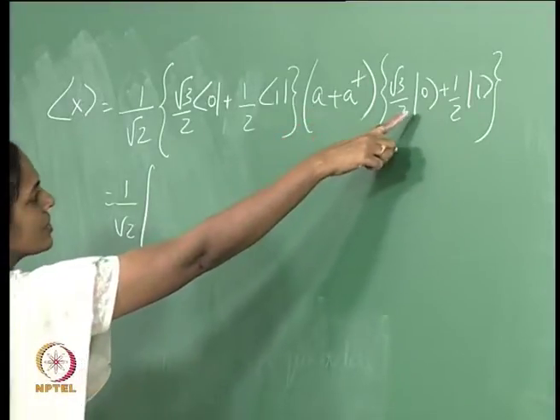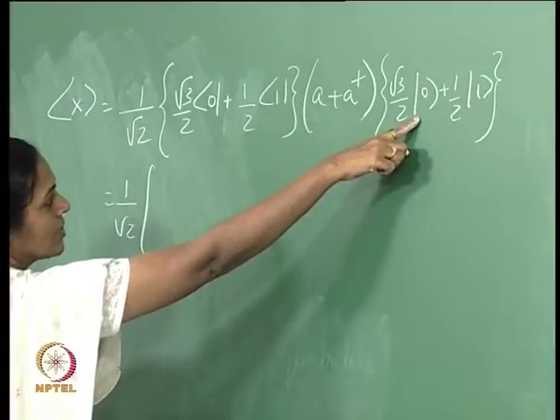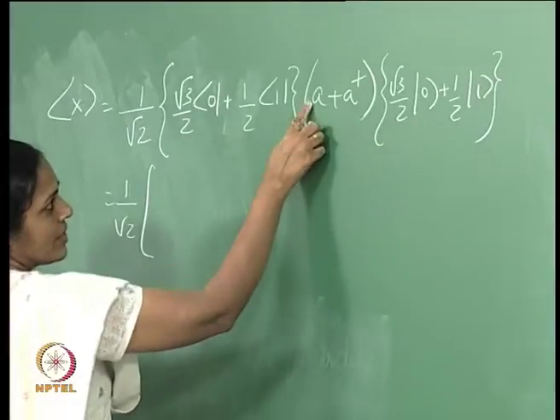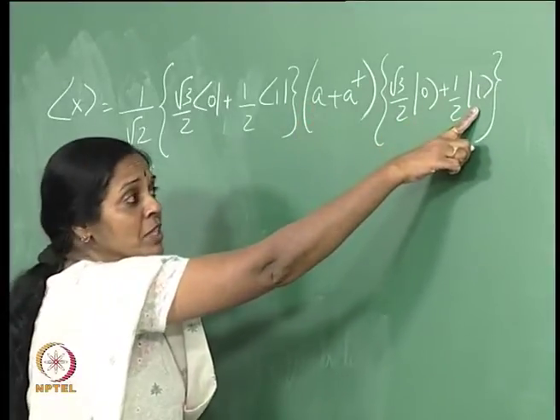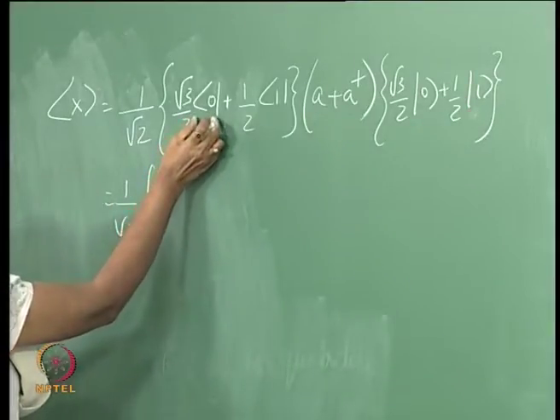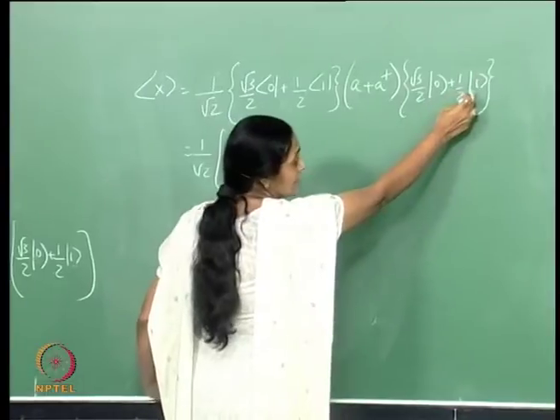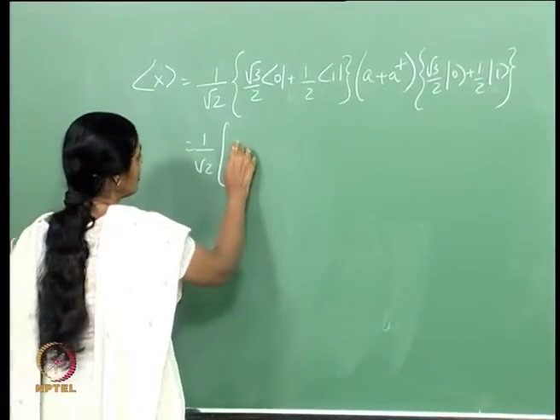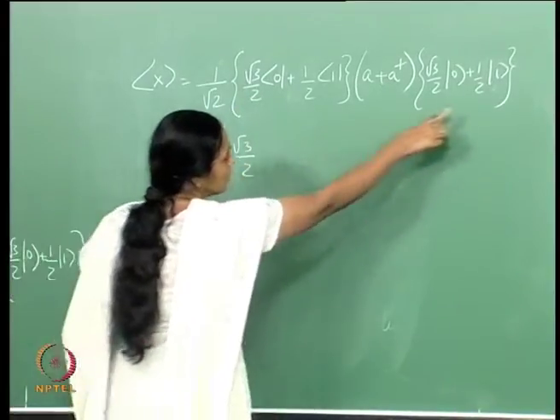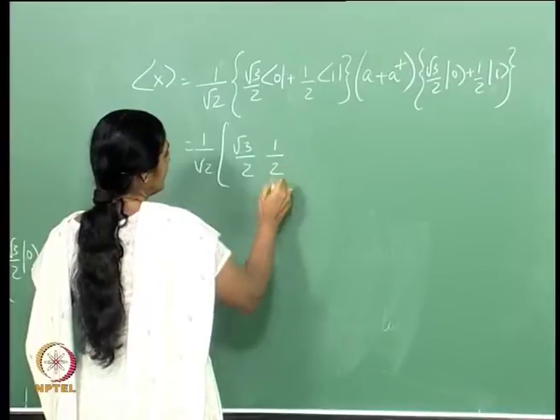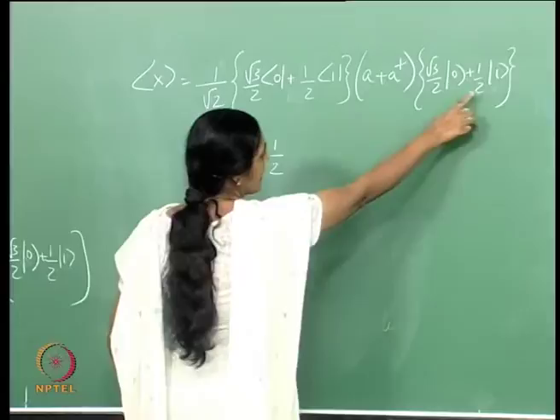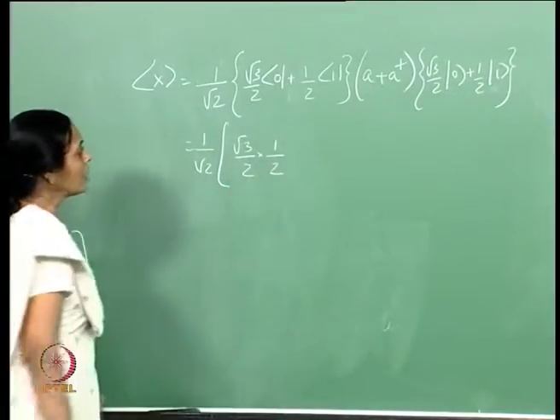A destroys ket 0, and therefore it does not contribute here. On the other hand, A acting on ket 1 gives me ket 0. So the inner product of this state with A acting on ket 1 makes a contribution. I pick up an overall constant root 3 by 2 from here and a half from there. And since A acting on ket 1 is ket 0, this is all I have from this term.